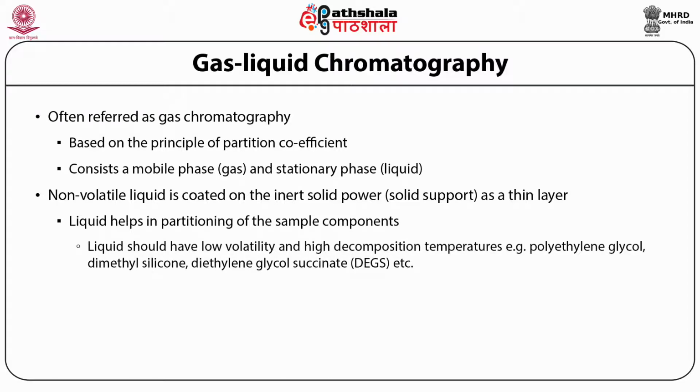The liquid layer applied over the solid support should generally have low volatility and high decomposition temperature, such as polyethylene glycol, dimethyl silicone, diethylene glycol succinate, etc. The inert support basically increases the surface area of the liquid film to facilitate better interaction with the sample components.